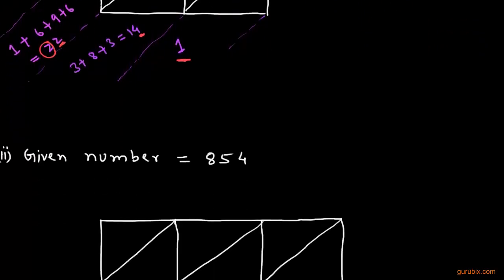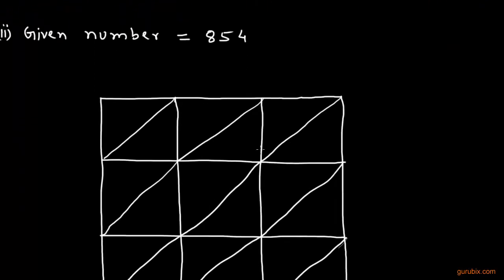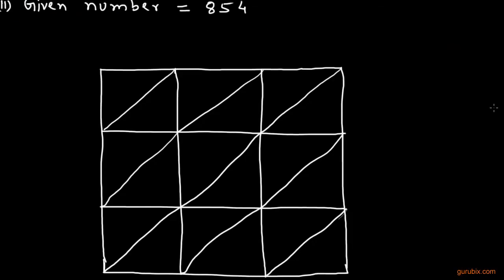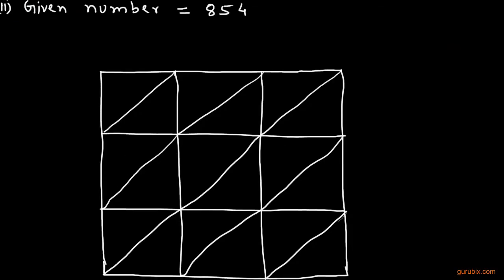Let us move to the second part of the question, and in the second part we are given a number 854. So we shall draw a square and make 3 square parts. This means 9 parts of this square, and now we shall write the given number.